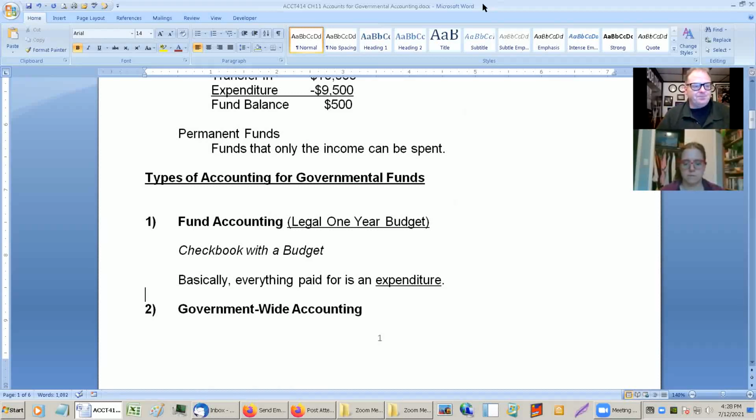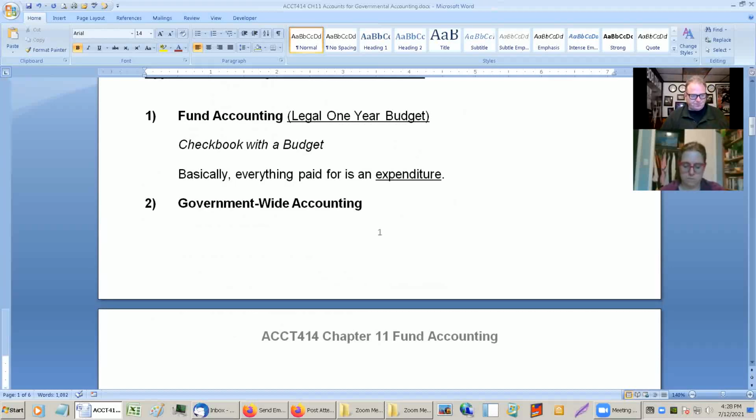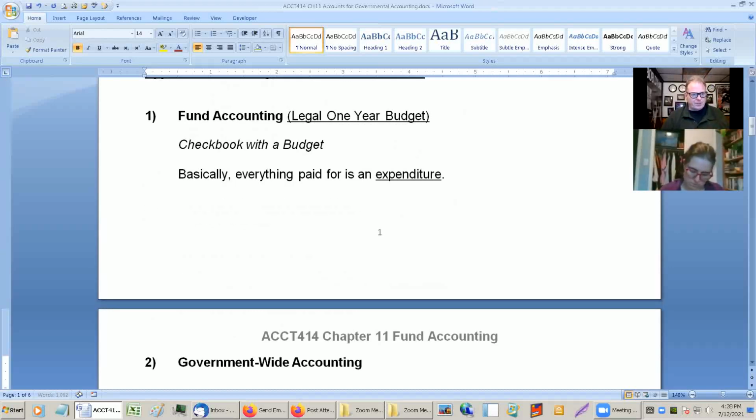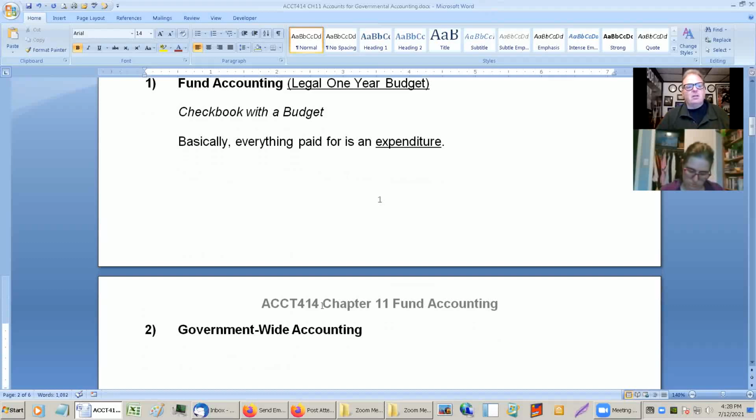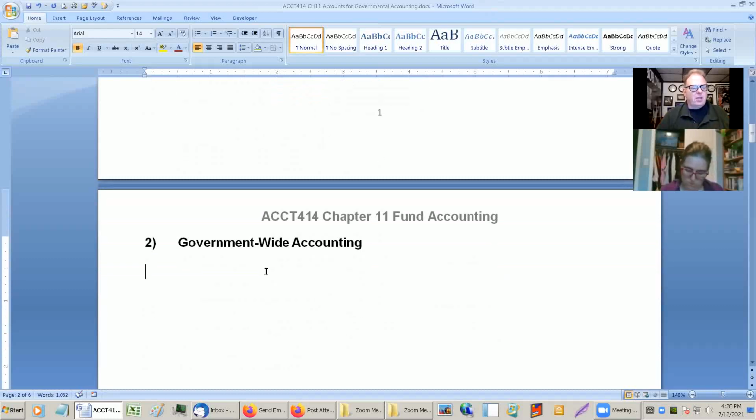Okay. Government-wide accounting is a little bit different. And then it's a lot more like GAAP. This is like what you'd normally have for GAAP. It brings up the accounting principles.